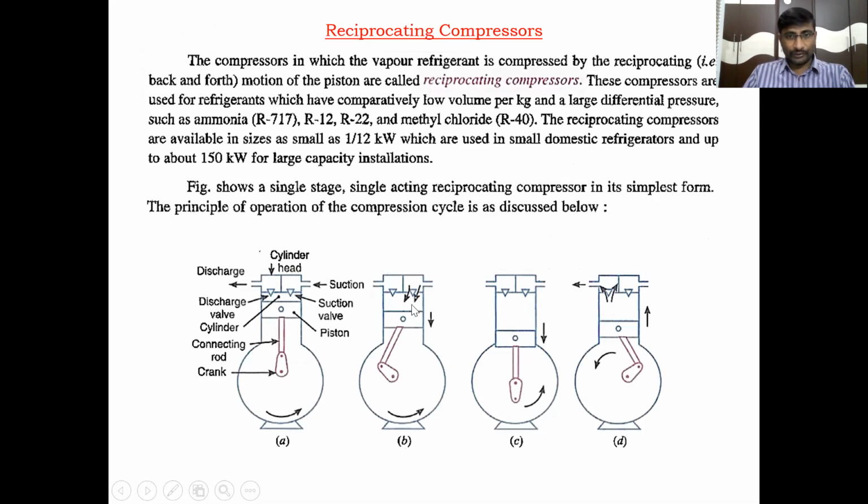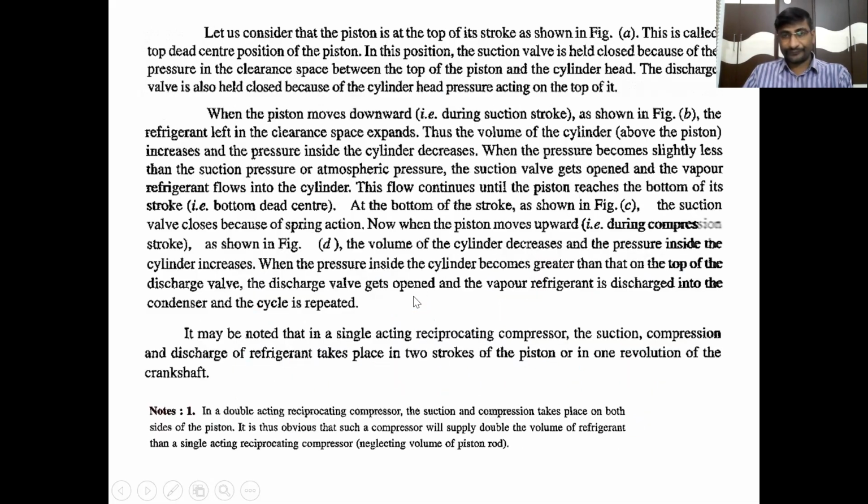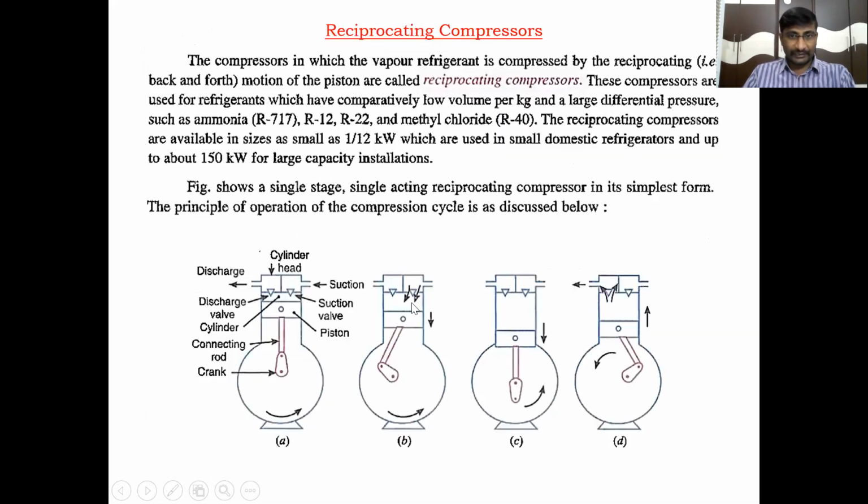During this expansion, the volume in the cylinder increases, and due to this volume increment, the pressure drops. The volume of the cylinder above the piston increases and the pressure inside the cylinder decreases. When the pressure in the cylinder becomes slightly less than the suction pressure, the suction valve opens.